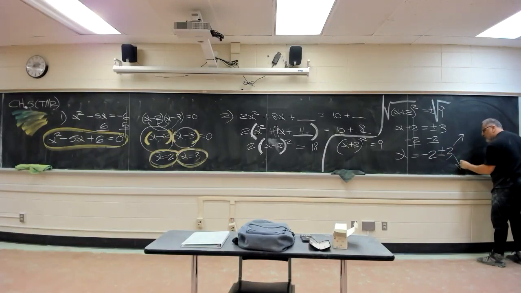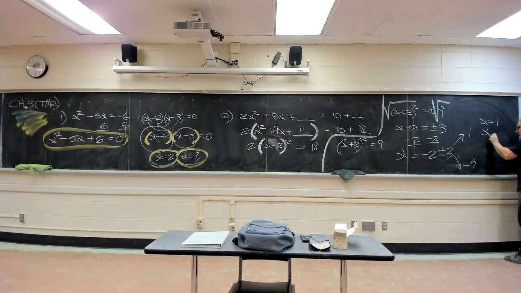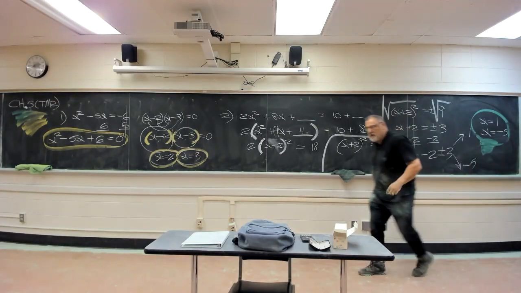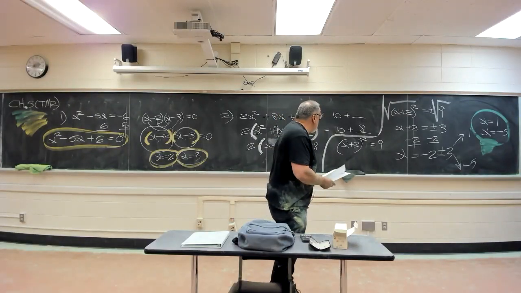What does that mean? Negative 2 plus a positive 3 is 1. Negative 2 minus 3 is negative 5. X equals 1. X equals negative 5. I'm not particularly fond of completing the square. It's valid mathematically. It's not my favorite way of proceeding, but it does give some interesting results.